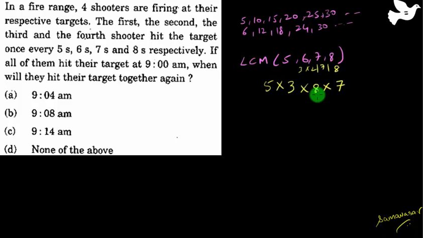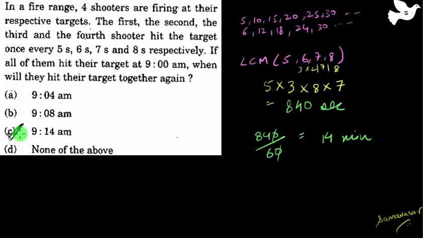So I hope you've understood that you can find out the LCM any which way that you want. This is equal to 840 seconds. 840 seconds is how many minutes? I divide by 60. This is simply 14 minutes. So my right answer is 14 minutes after 9 o'clock, which is 9:14 AM.